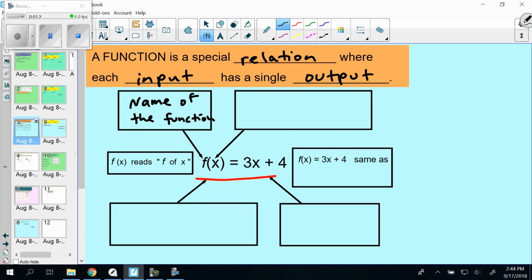What's inside the parentheses, x, that's the input of the function. This is also what's going to get plugged into the function. Okay, it's going to be what gets plugged in.